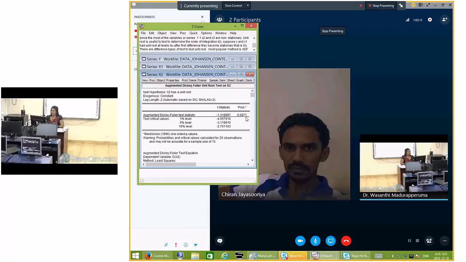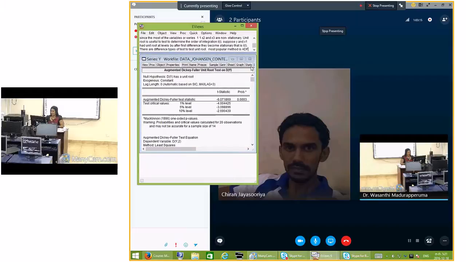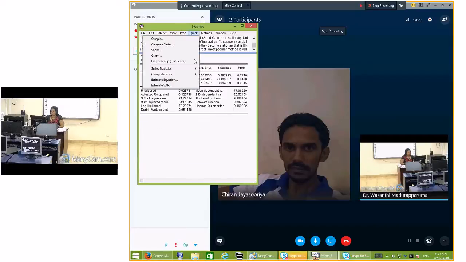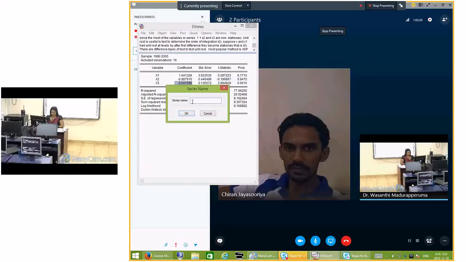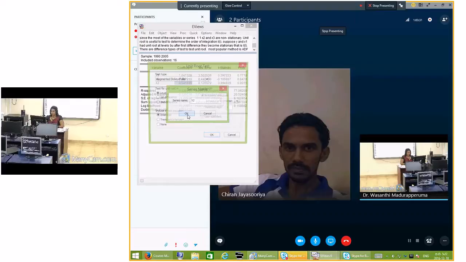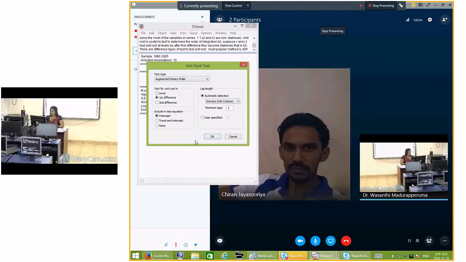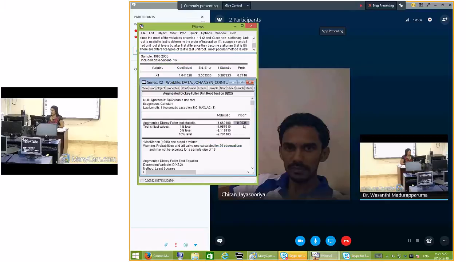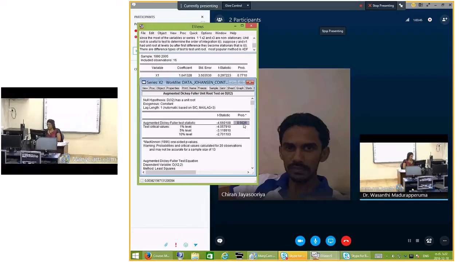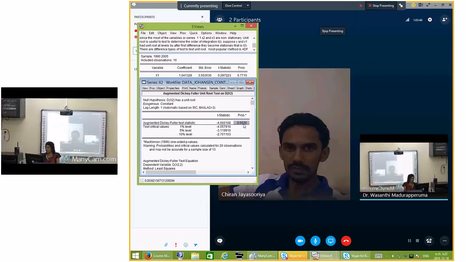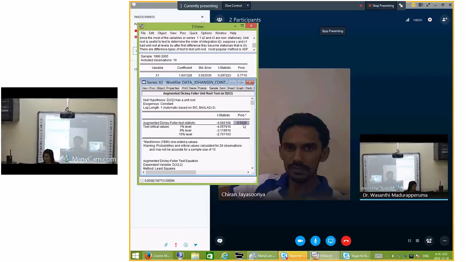Then go to the unit root test, then go to x2 first difference. You can see in the first difference, the x2 variable is also stationary. Second difference, it is stationary.